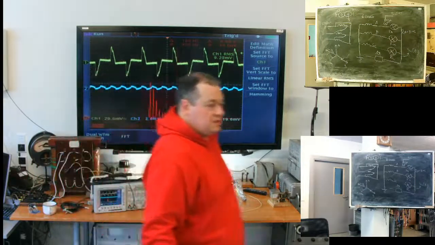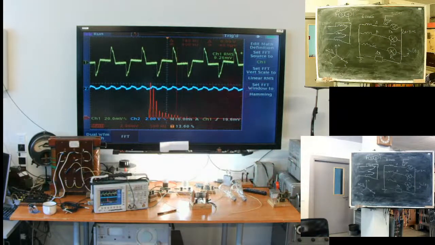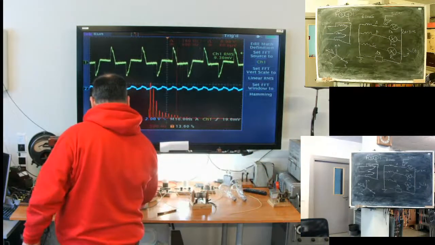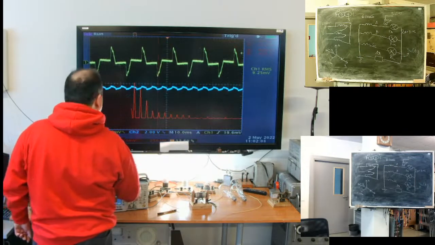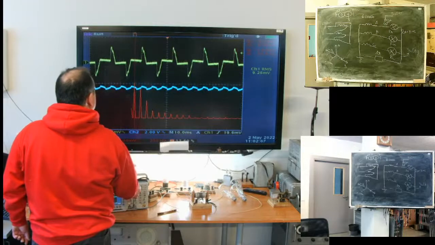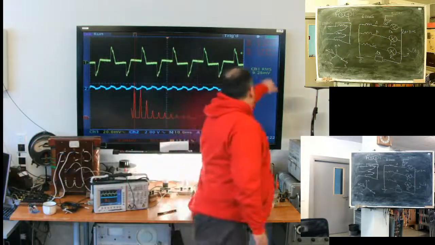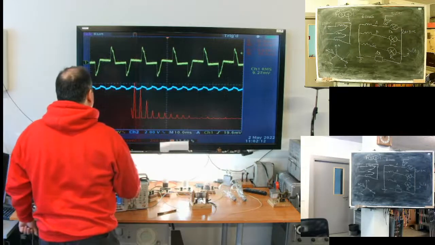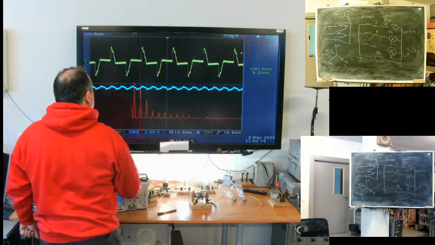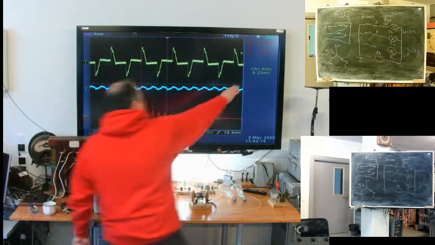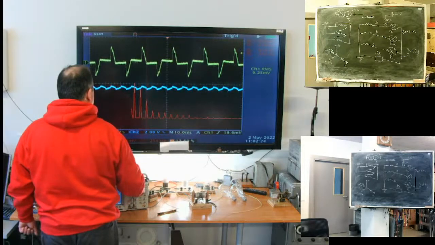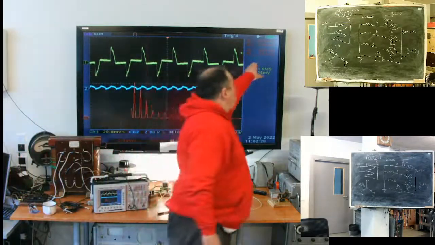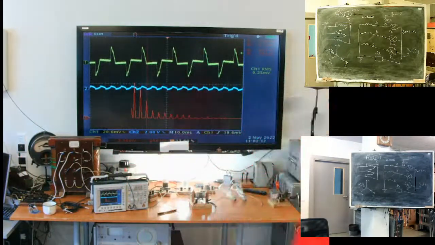We see not only the current: the red line is the spectrum of the yellow line, the A phase current. Take a look. We have the 50 Hertz component. We have the third, the 150 Hertz component. 250 Hertz, fifth harmonic.